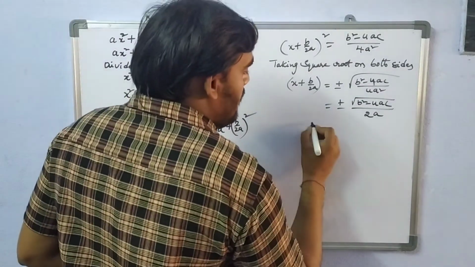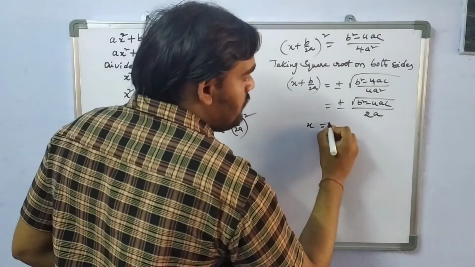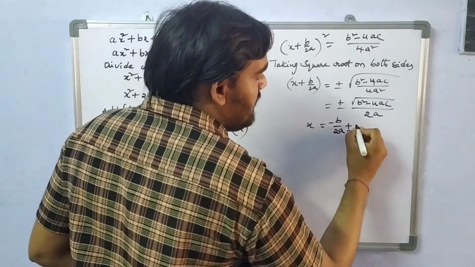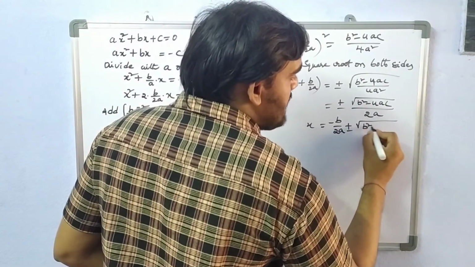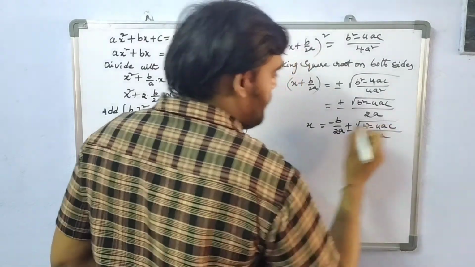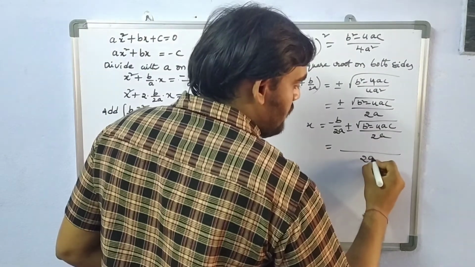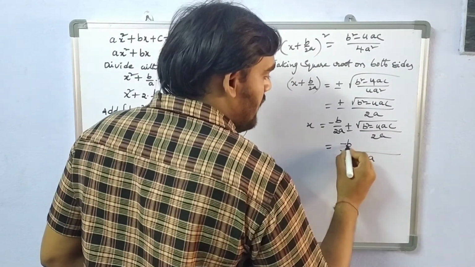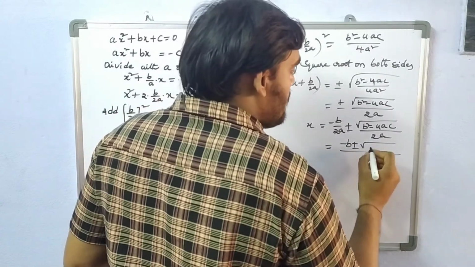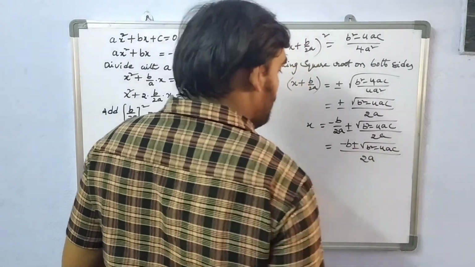So x is equal to minus b by 2a plus or minus square root of b square minus 4ac by 2a. When we simplify this, the denominator is 2a, so here we are getting minus b plus or minus square root of b square minus 4ac by 2a.